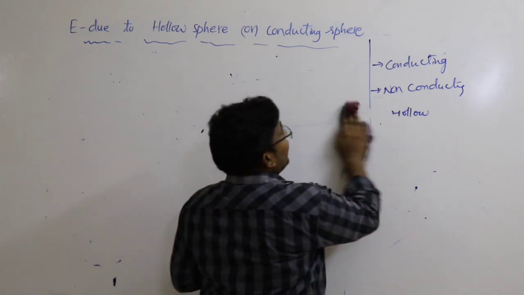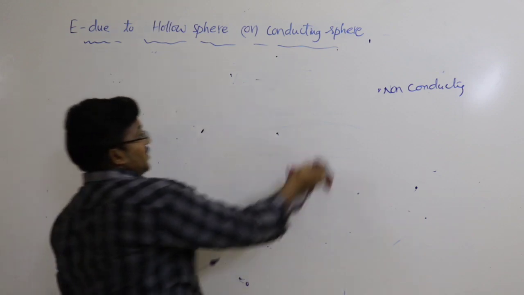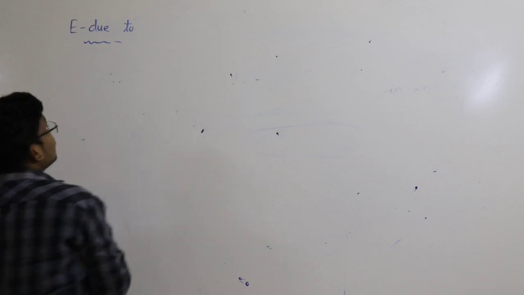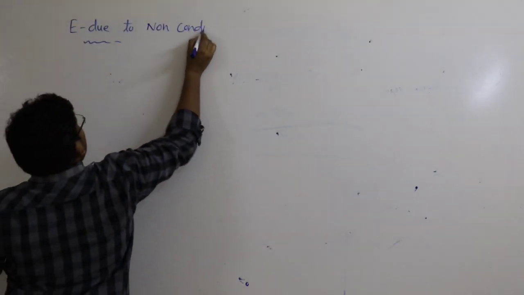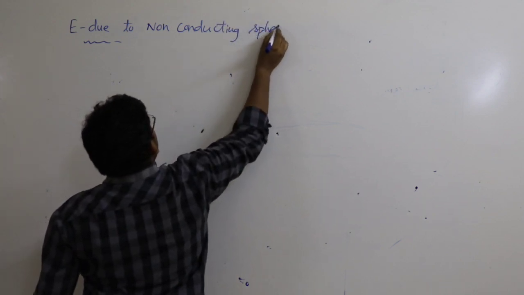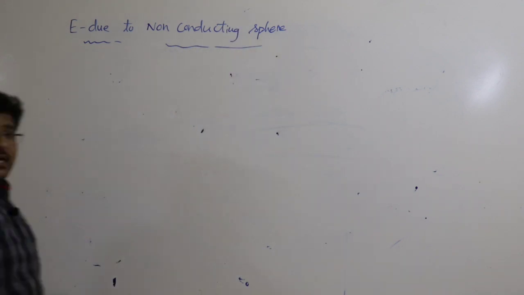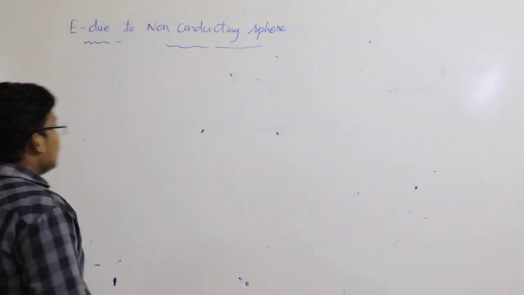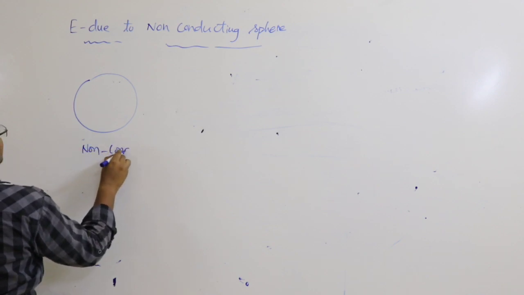Now hollow is done, conducting is done. What is left? Non-conducting. So, electric field due to a non-conducting sphere. I told you already what a non-conductor is. Take a non-conducting sphere.